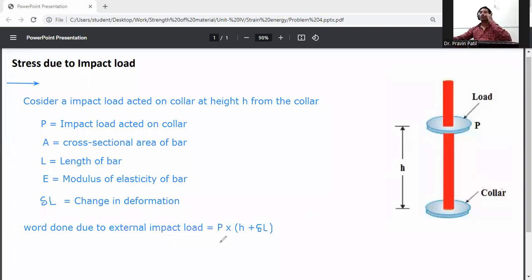Force is P and distance is H plus deformation delta L.